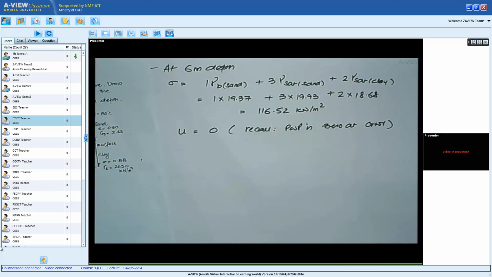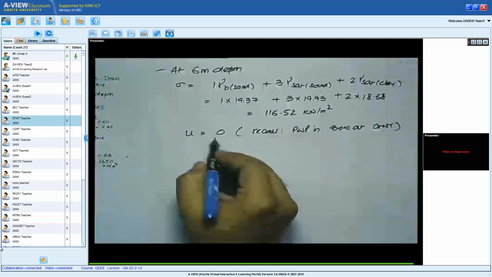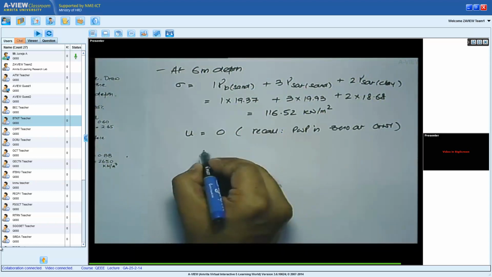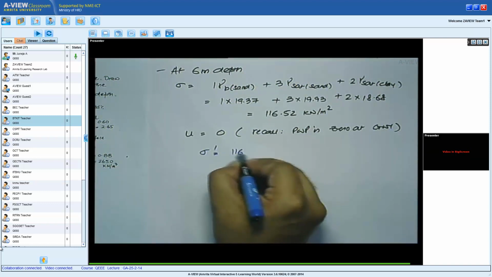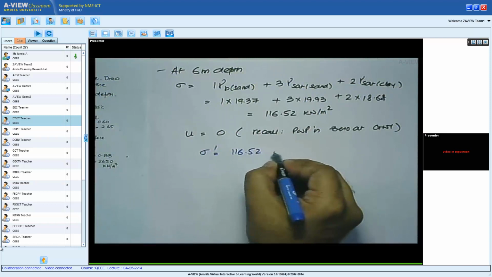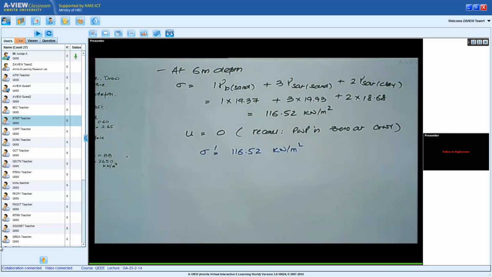In all engineering terms, we will be using gauge because you're gauging with respect to atmospheric pressure, and gauge is a word you try to omit. You don't write gauge, so it's understood that U is 0. What about the effective stress? Sigma prime equals 116.52 minus 0, which is 116.52 kilopascal or kilonewton per meter square.